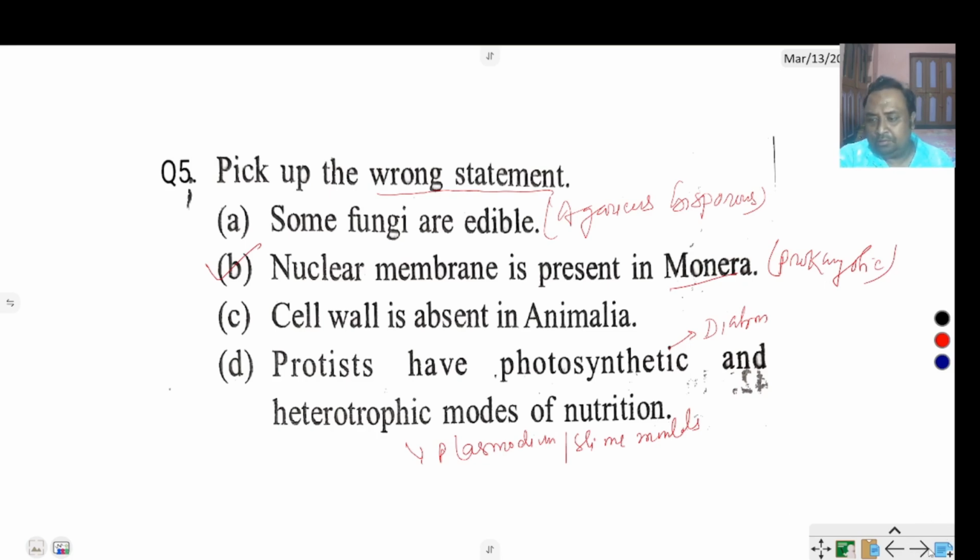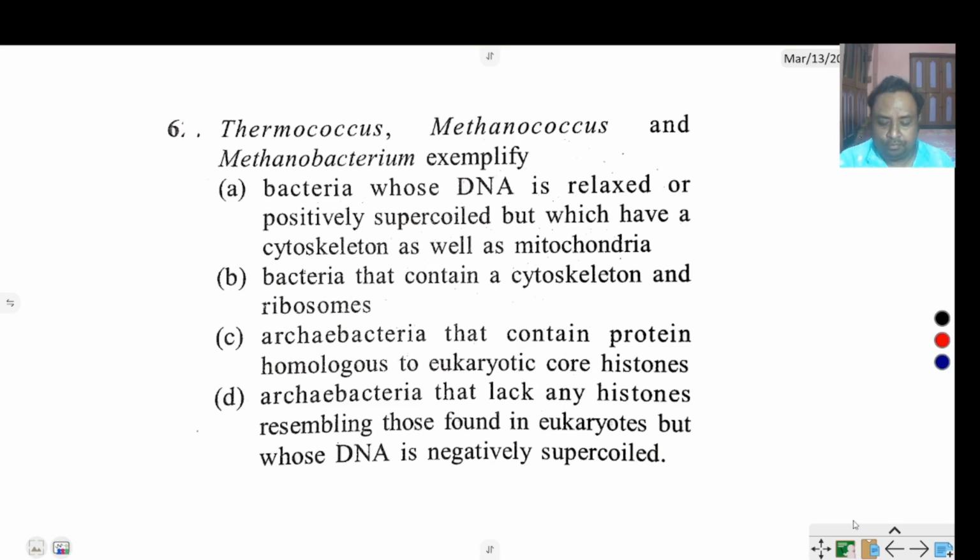Next question. Thermococcus, Methanococcus and Methanobacterium exemplify what? A. Bacteria whose DNA is relaxed or positively supercoiled but which have a cytoskeleton as well as mitochondria. B. Bacteria that are all archaebacteria.